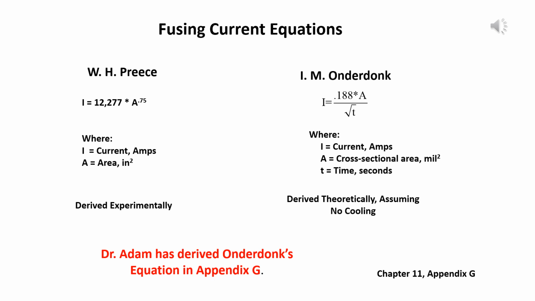So he ostensibly not only shows how much current can go down a trace before the trace melts, but also how long it will take for the trace to melt. Onderdonk's equation is derived theoretically, and it explicitly assumes that there is no cooling. Dr. Adam, in a very good piece of work, has rigorously derived Onderdonk's equation in Appendix G.